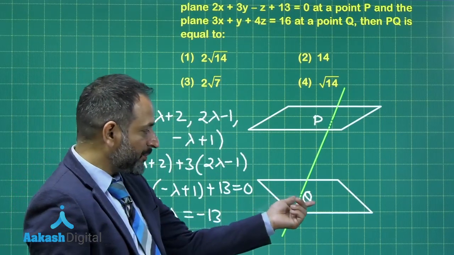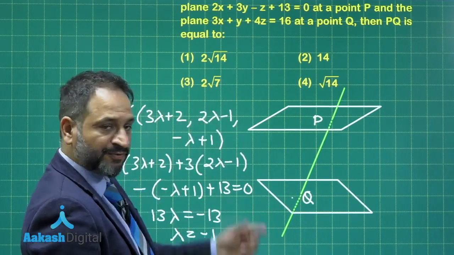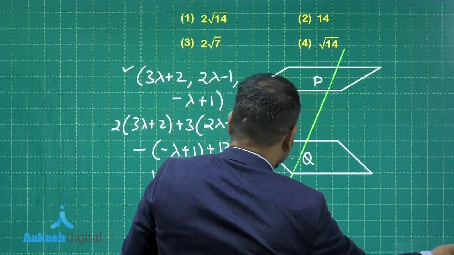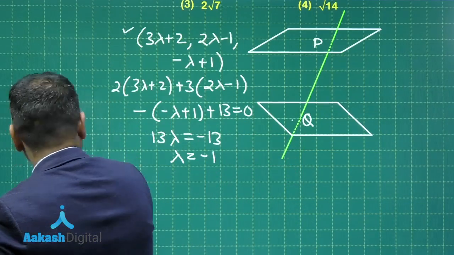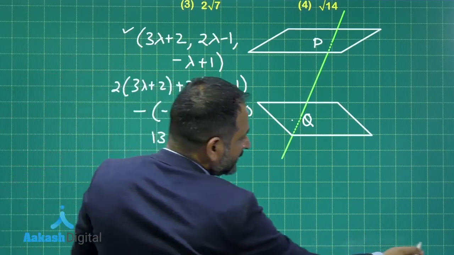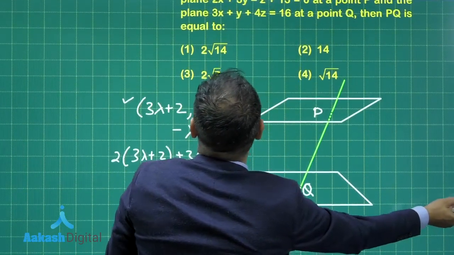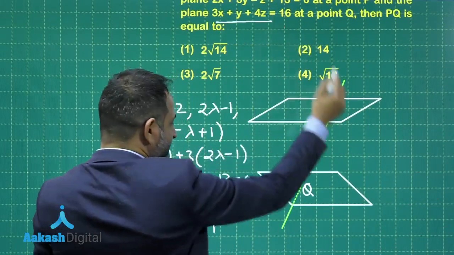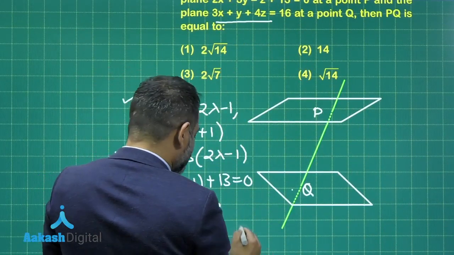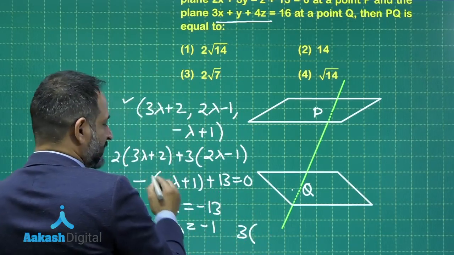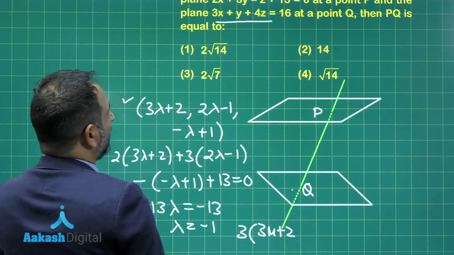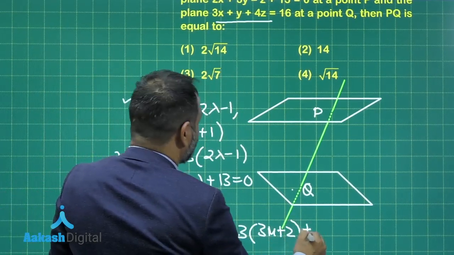Again we are taking one point on this line in terms of mu. So, in terms of mu, we can take another point and satisfy it in the second plane. Now, the second plane here is given by this one. So, satisfying in terms of mu, we have here 3 into 3 mu plus 2, and again y.